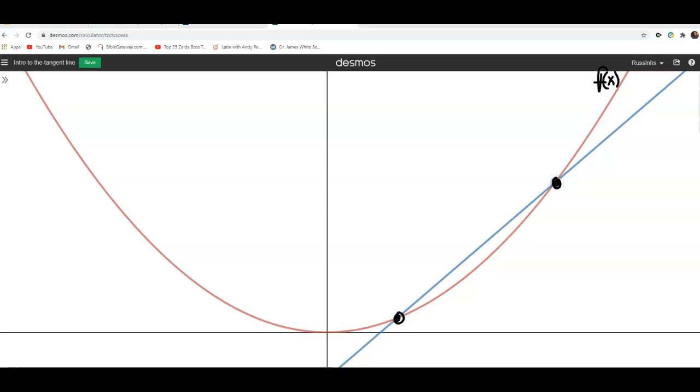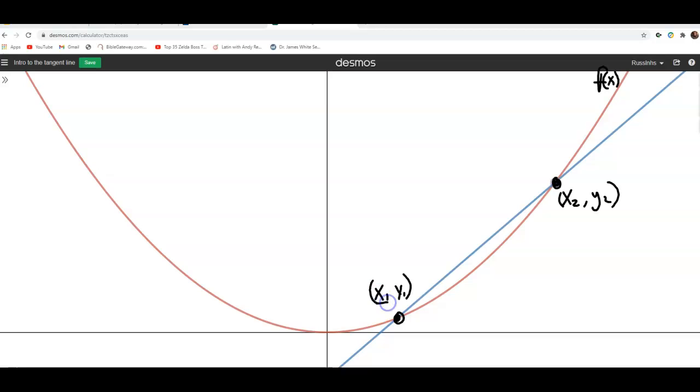A secant line is a line where you're connecting 2 points on your curve together with a line, all right? So let's go ahead and call this first point here x1, y1. And let's go ahead and call this point over here x2, y2. All right? Now, x1, y1, let's look back at that point there.